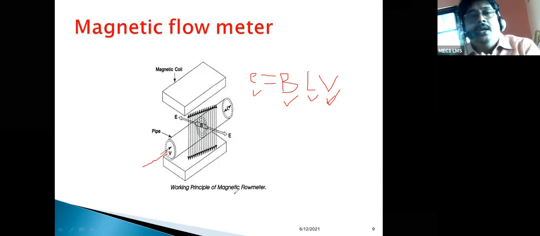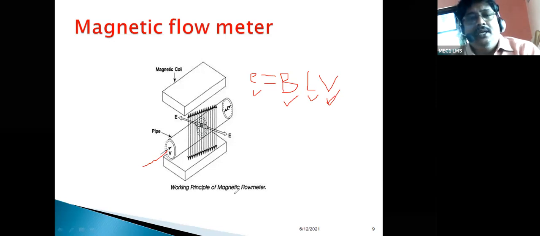See here, clear? This magnetic flow meter mainly depends upon Faraday's law of induced voltage, that is E is equal to BLV, where E is the induced voltage, B is the magnetic flux density, L is the length of the conductor or pipe, and V is the average flow velocity in the pipeline.